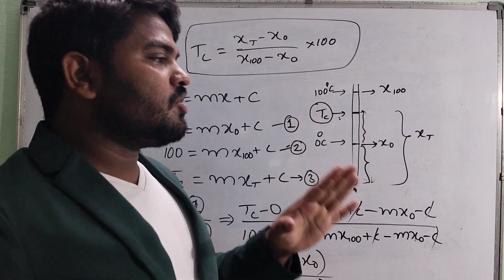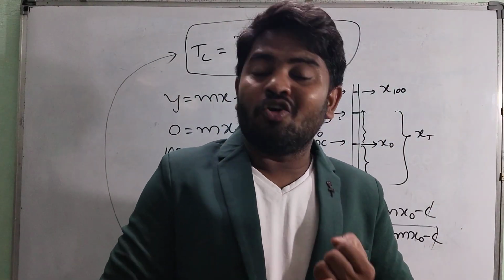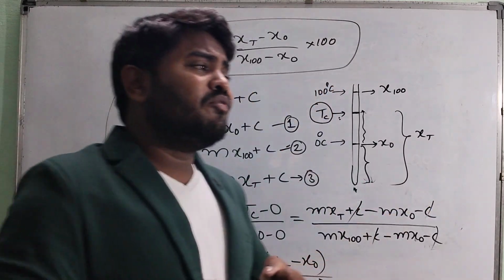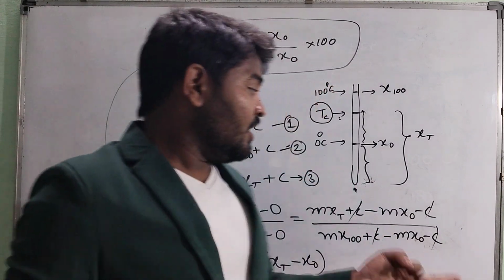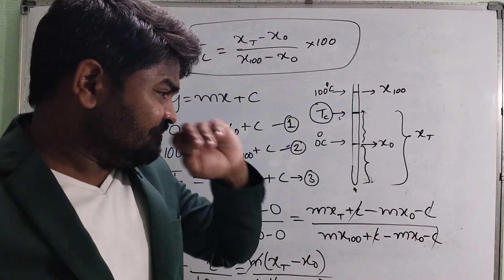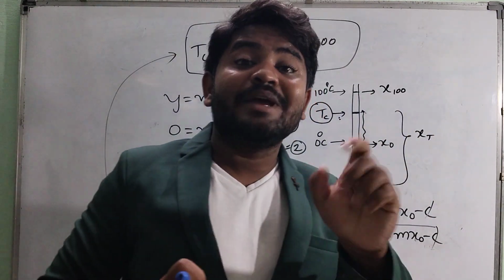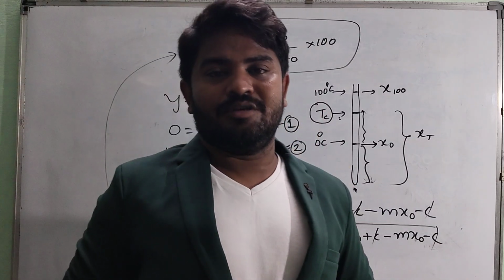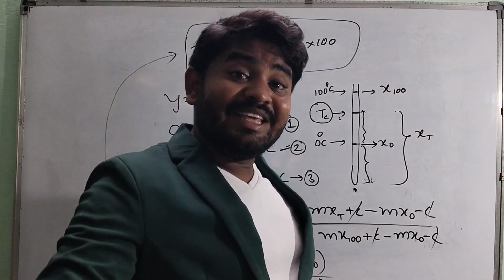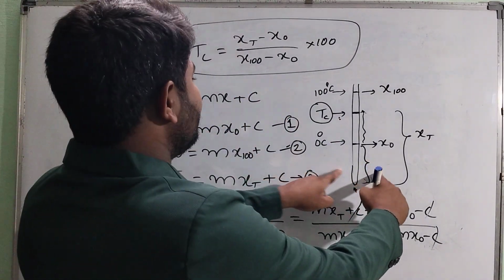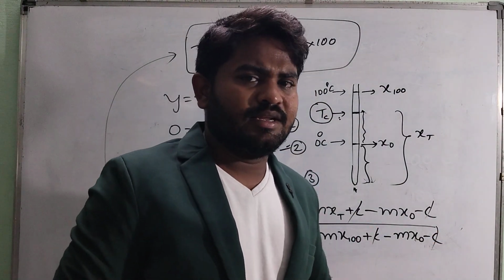So all these are called thermometric properties, because they change linearly with temperature. As you give temperature, the length increases linearly. That is why we have used this formula. Otherwise, we cannot.